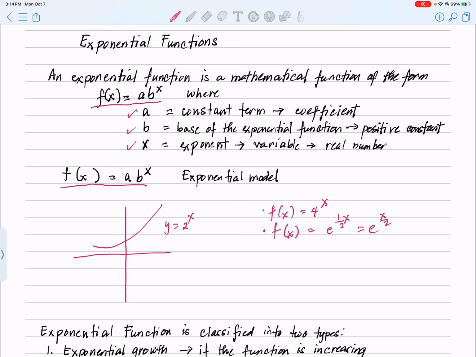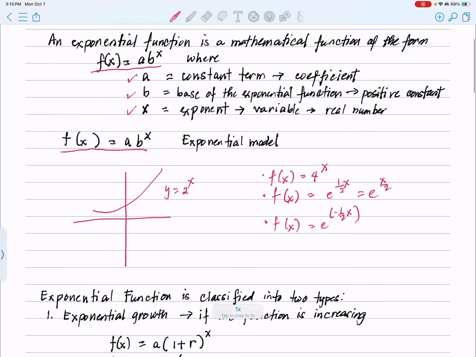That is an example of an exponential function. You can also have e to the power of, let's say we have a negative exponent, negative 1/2 x. That is an example of an exponential function. All right, let's get to know more.